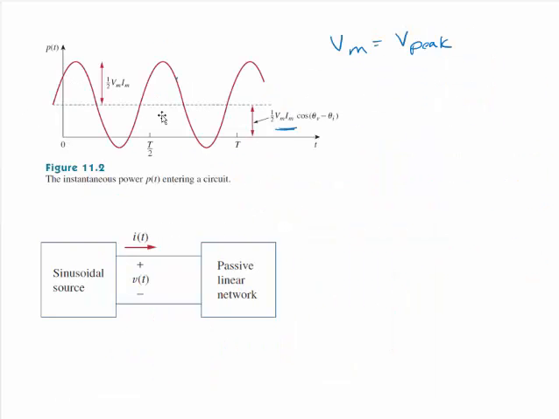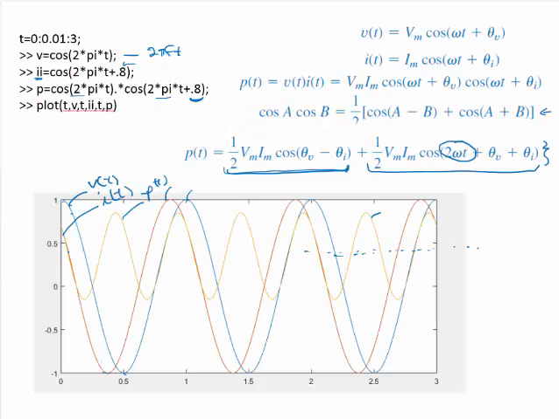So in your book, that's what this figure is trying to show you: mathematically, when you multiply voltage as a function of time times current as a function of time, the instantaneous value of the power will not be 0. And so my golden plot here is the instantaneous power.